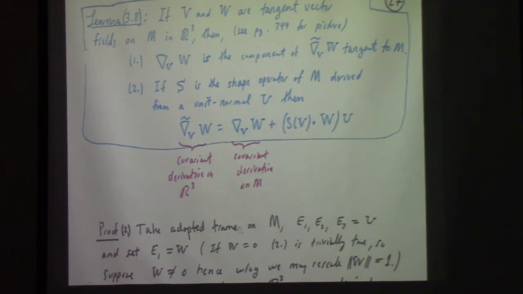This is the explicit formula which shows you the connection between the intrinsic covariant derivative defined on a surface in R3, the shape operator on that same surface, the unit normal on that surface, and the covariant derivative, which I taught you first before any of this. So there it is. That's how these things are interrelated.